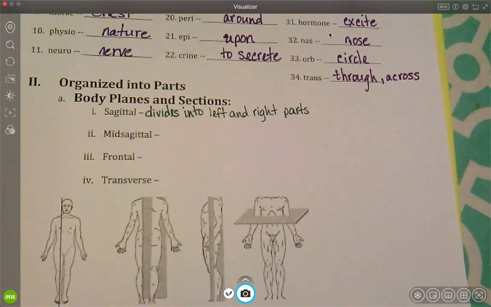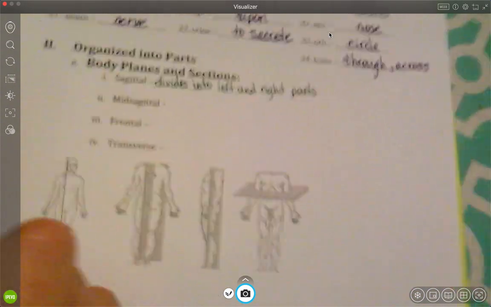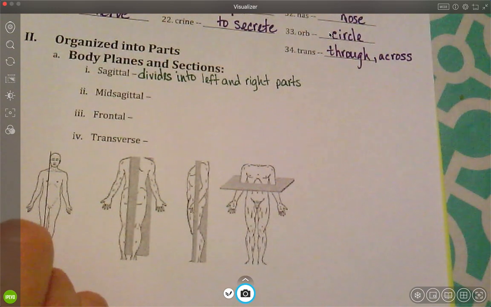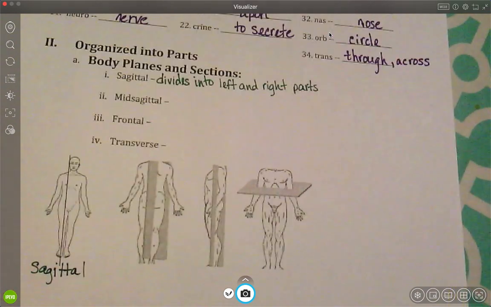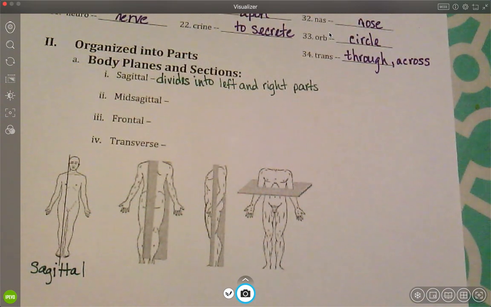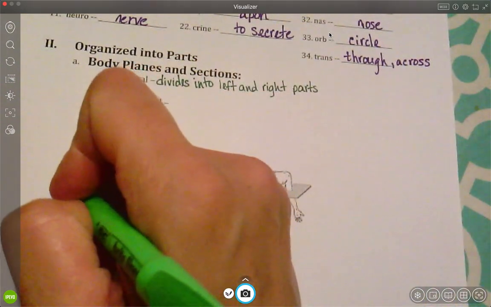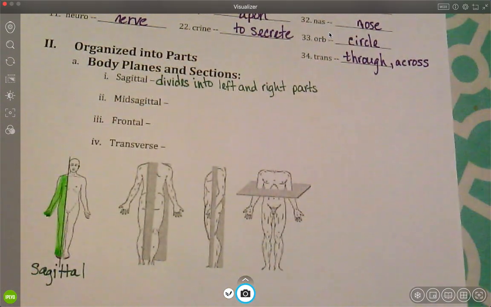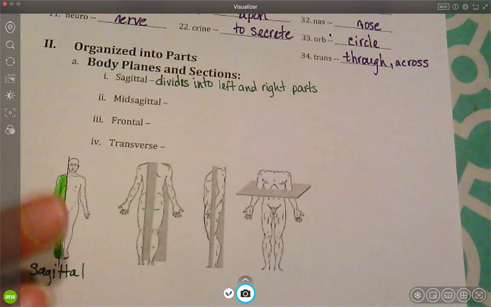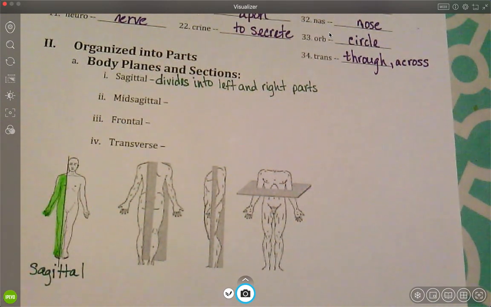Okay, and as we say that, let's label our picture as sagittal. I'm going to use a highlighter. You can use a marker, whatever it is that you want to use. So it's dividing the body, getting a picture on one side and different parts.